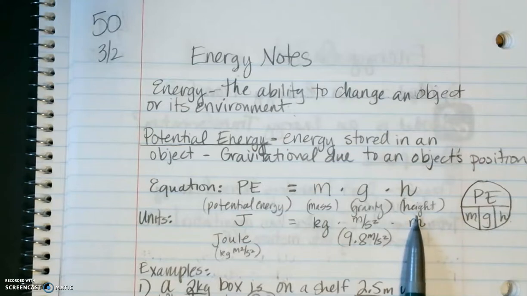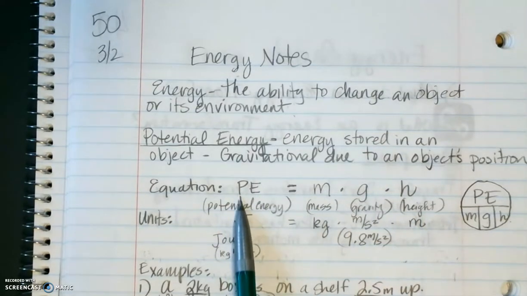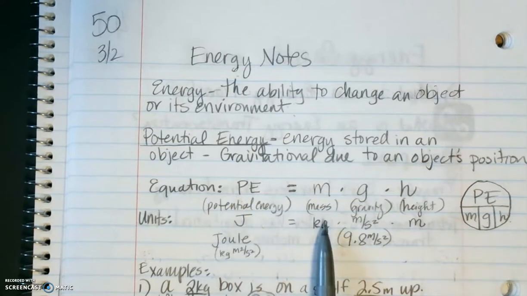So the higher you move the object, you're changing the distance of the object from the ground, and that means you're going to have more gravitational potential energy. So this number for potential energy is going to go up as you increase the height of an object. Also, if you increase the mass of an object, we're also going to have more potential energy.